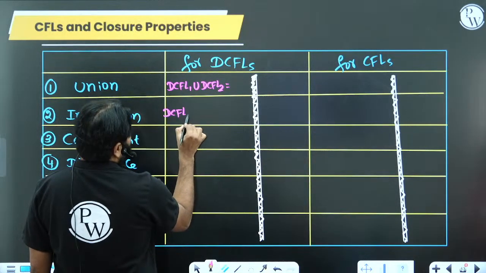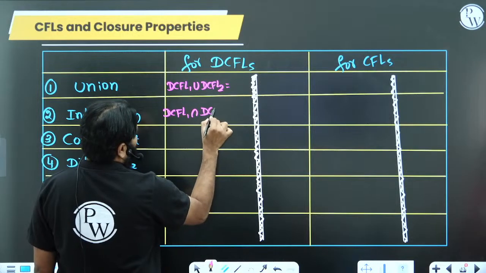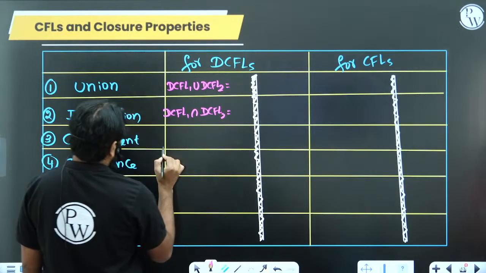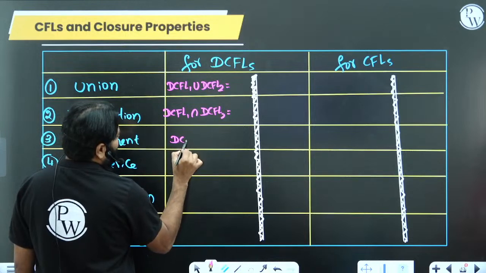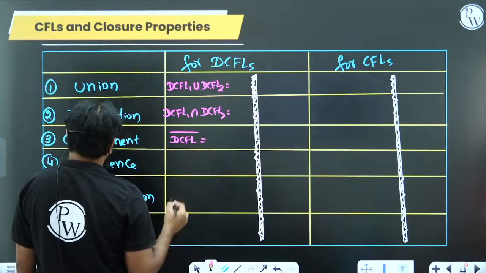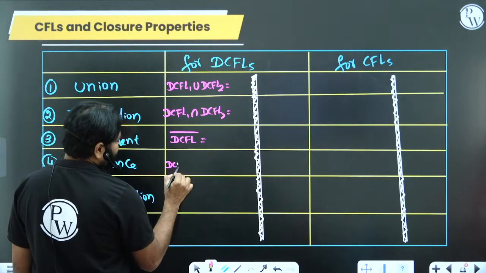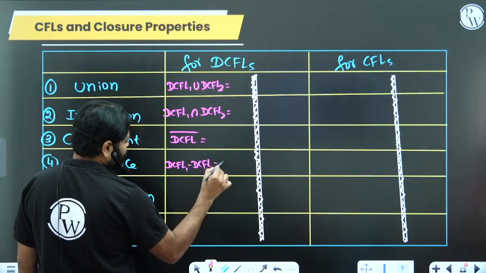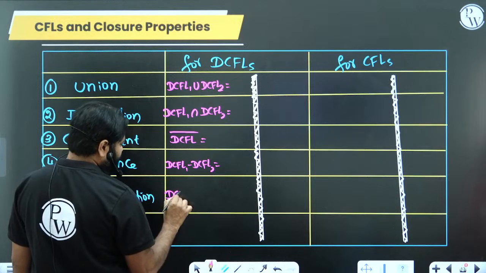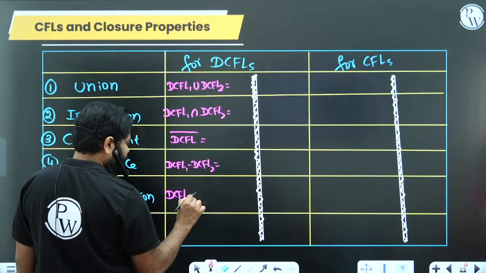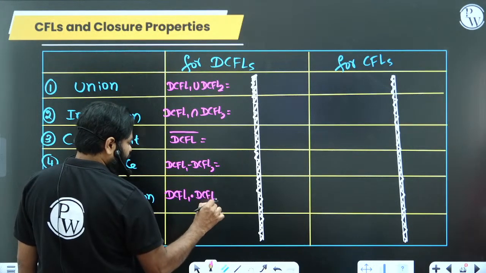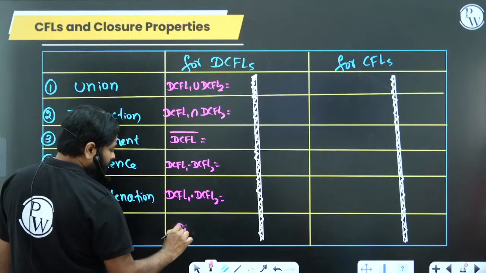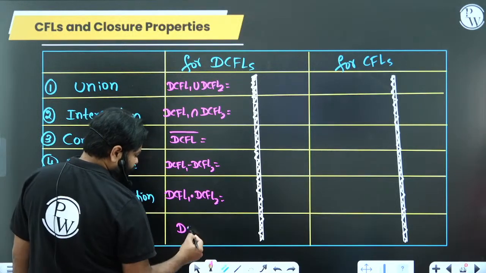Two DCFLs, if I do intersection, what happens? DCFL complement, what happens? DCFL's difference, DCFL's concatenation, and reversal of DCFL.